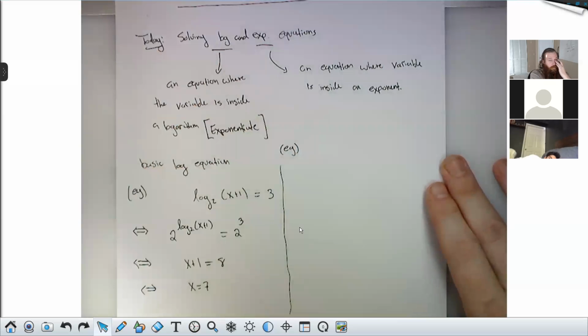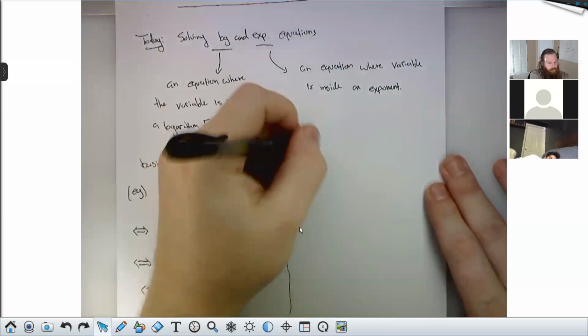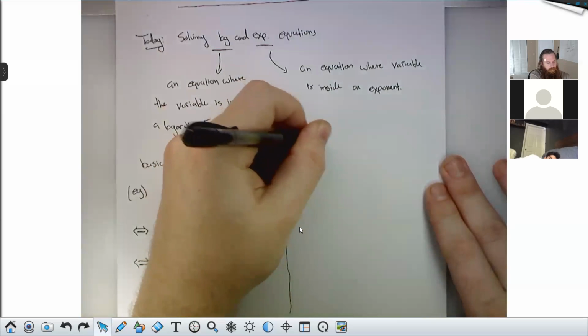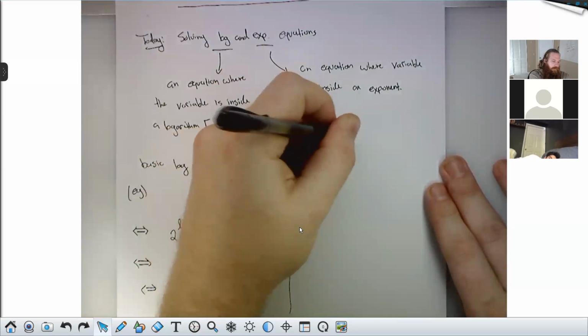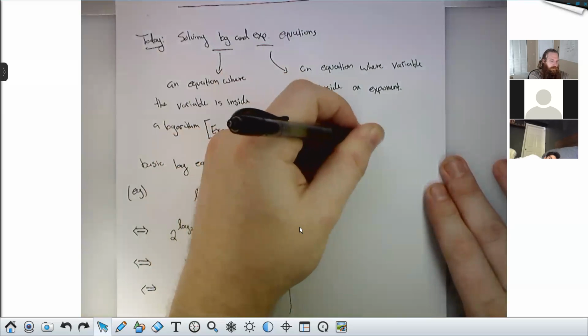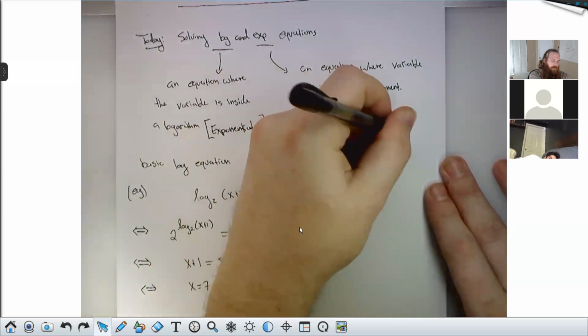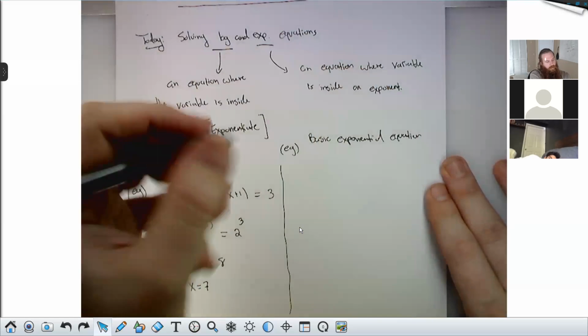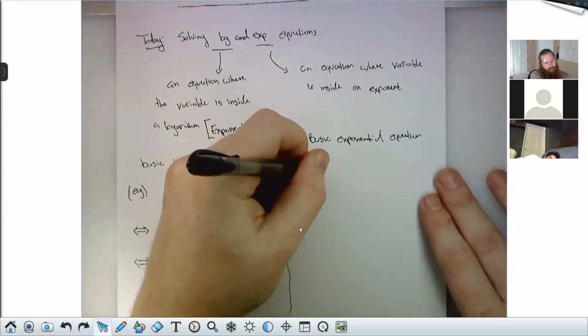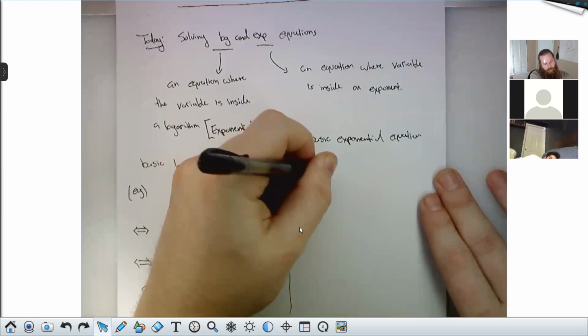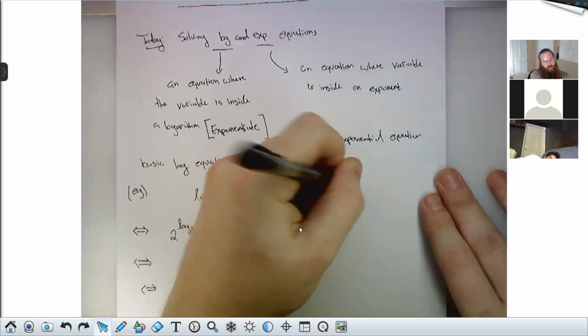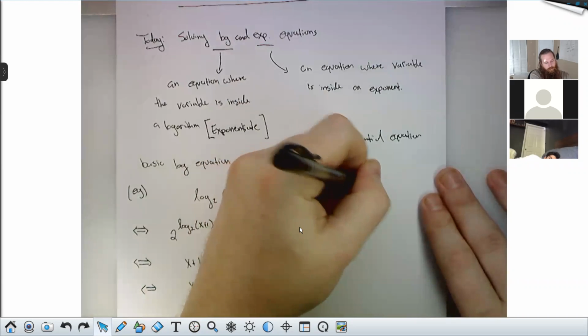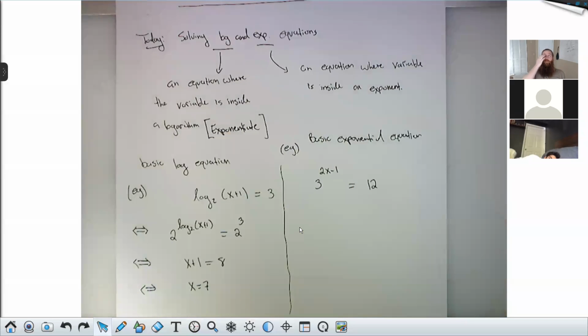So here, on the other hand, if I had a basic sort of exponential equation, something like 3 to the 2x minus 1 equals 12, this I could solve by taking whatever kind of log I wanted.